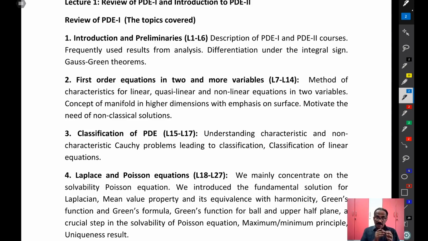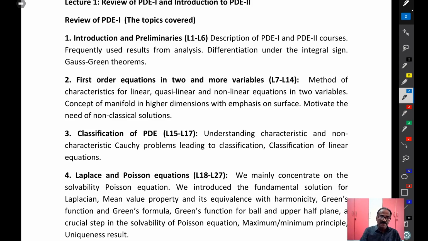In the process you also saw how non-classical solutions exist, especially when you dealt with quasi-linear equations. You have seen the conservation laws, and in this course you will see more about specialized first order equations, which we will slowly describe.